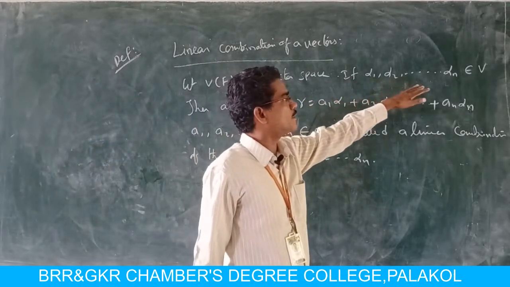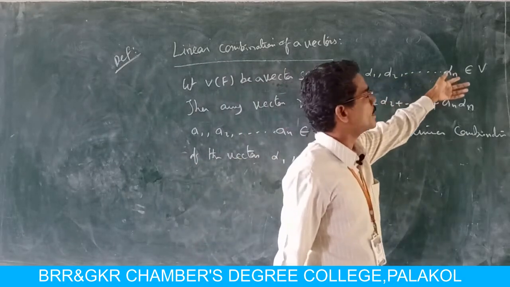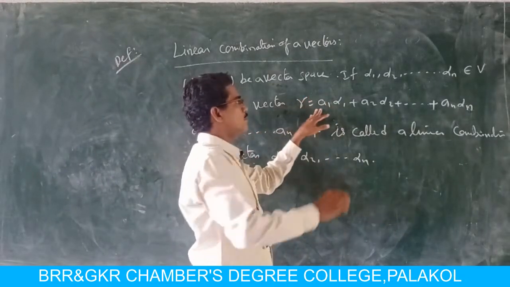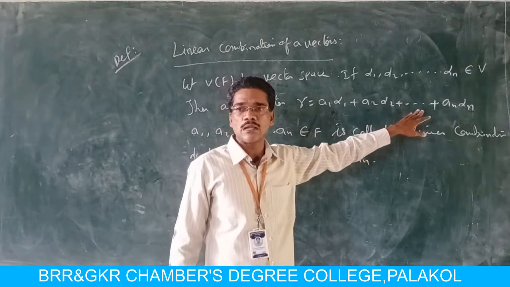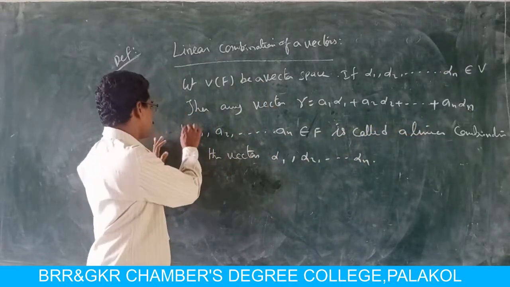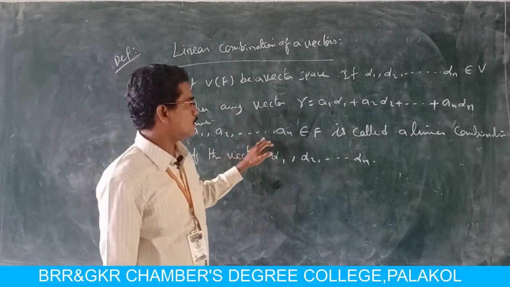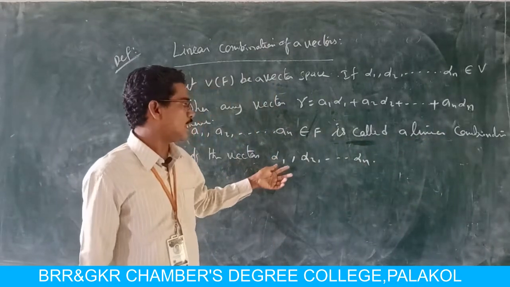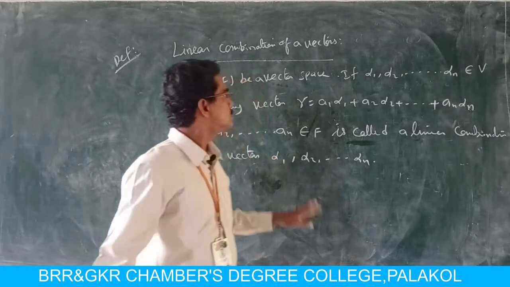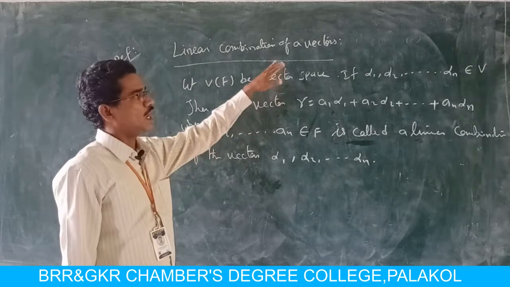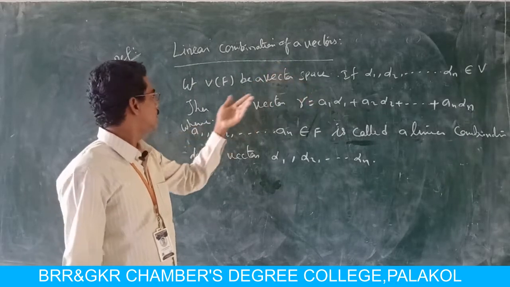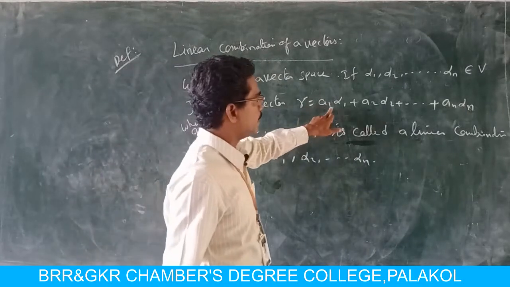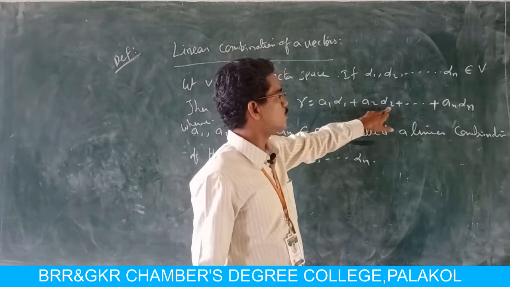If alpha 1, alpha 2, and so on up to alpha n belong to V, that means they are vectors, then any vector gamma equal to a1 alpha 1 plus a2 alpha 2 plus so on plus an alpha n, where a1, a2, and so on up to an belong to F, which are scalars, is called a linear combination of the vectors alpha 1, alpha 2, and so on up to alpha n.